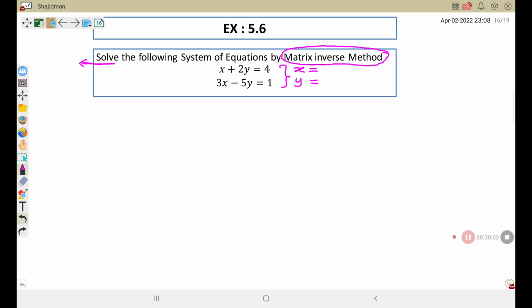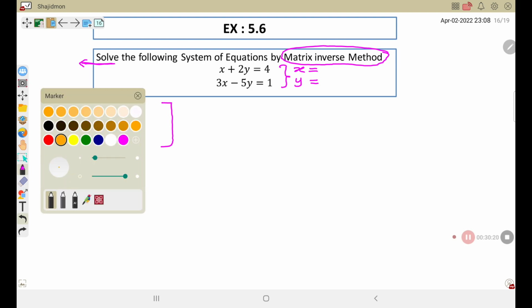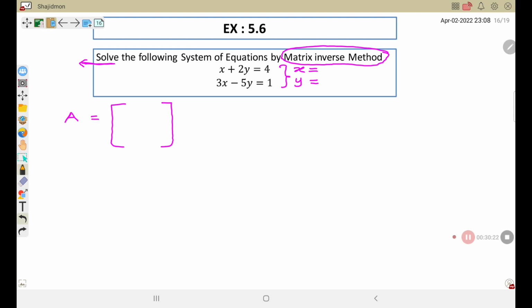So what I told you students, first we need to write the three matrices. What are the matrices? First we need to write A matrix. You know what is the A matrix here? Just take the coefficient matrix or behind number matrix. For example, first equation, x behind number is 1, y behind number is plus 2, that means 2.